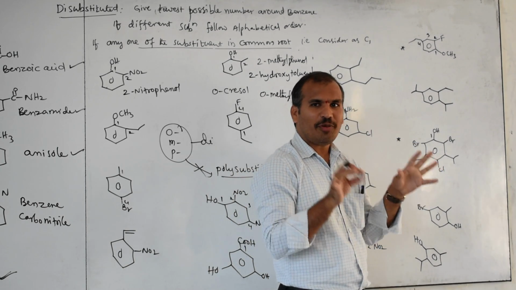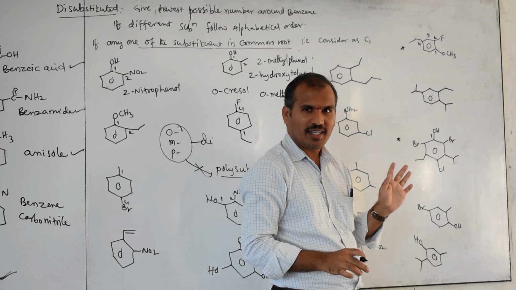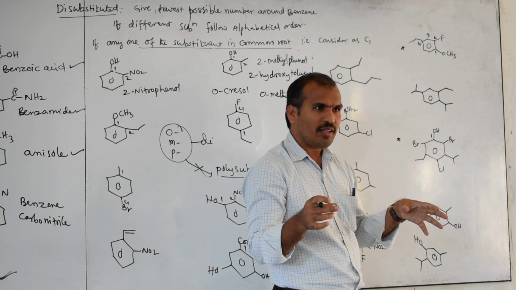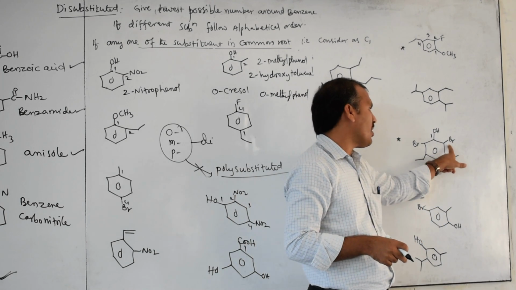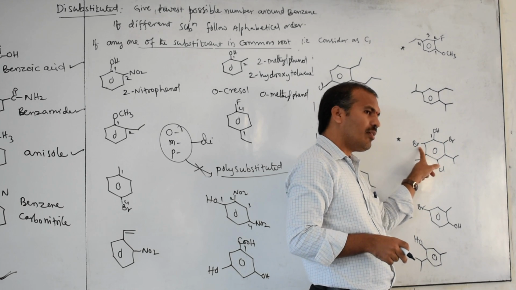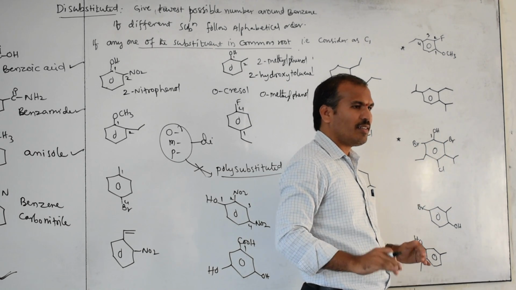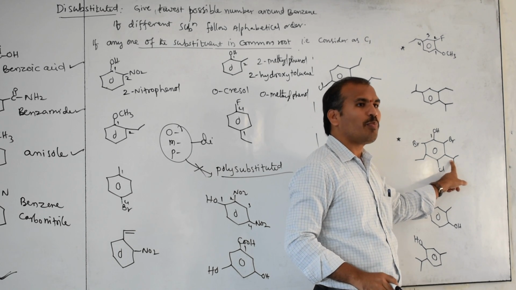Substituents are present at every position, but which direction is correct, left or right? It means the lowest sum is the same or not? When the lowest sum is the same, what do you have to do? Alphabetical order. On the right side, what is there? Here, there is a tie. When there is a tie, then go to the next. Here, what is there? Isopropyl.